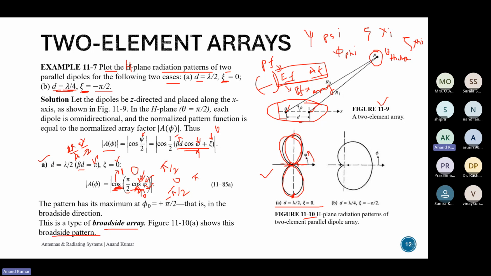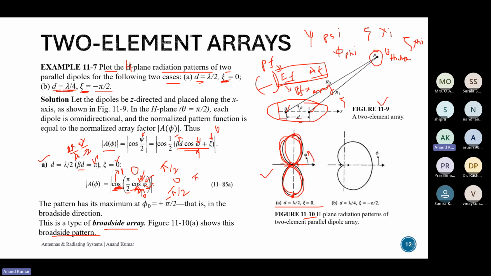And what we have seen is the array factor is dependent upon this d and the phase term xi over here. And once we have the values for d and xi, we can just plot the radiation patterns.